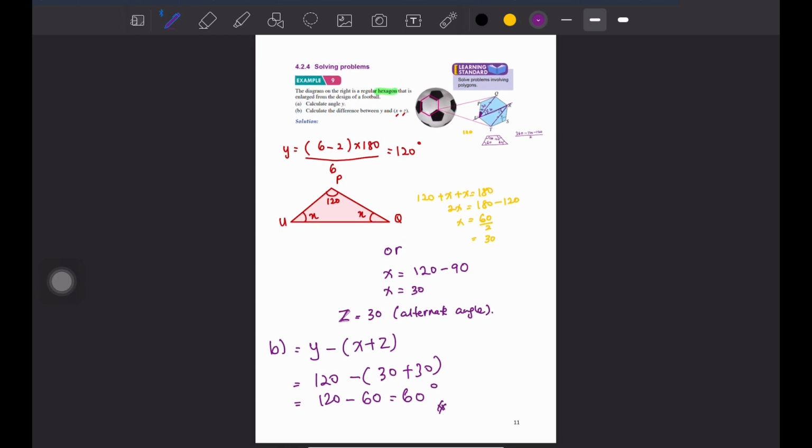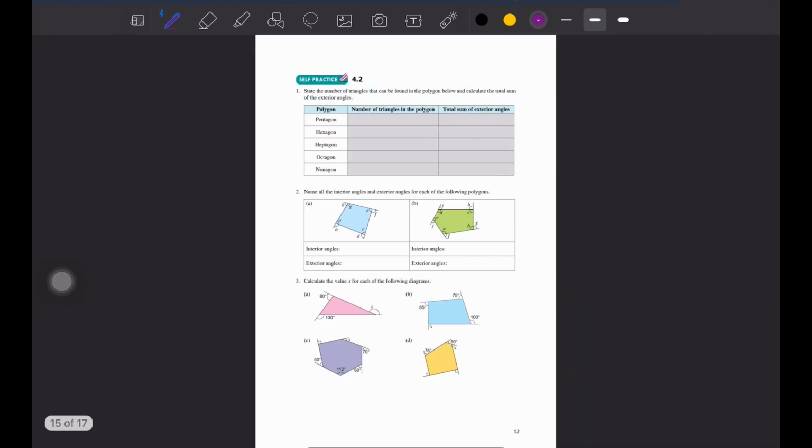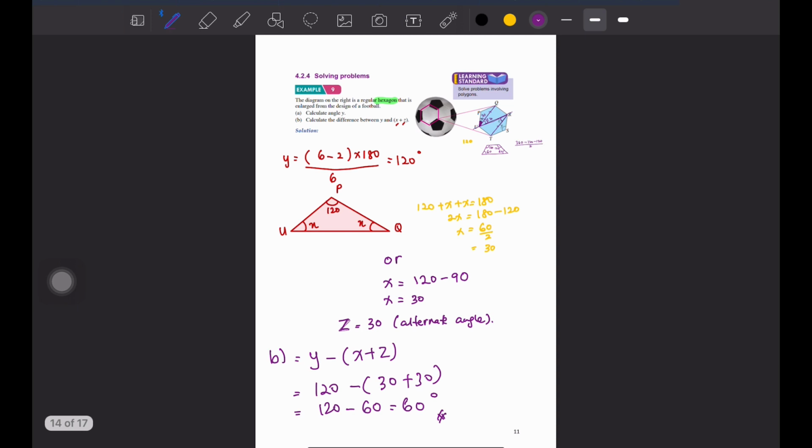So I think that's it for this chapter. What remains is the drawing we did earlier, the construction. We will learn it next week. For the other parts, if you have any problems, just rewind the video.